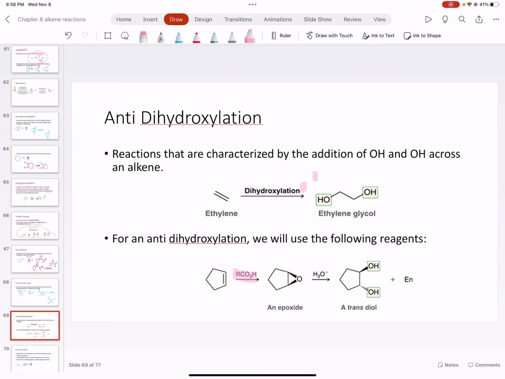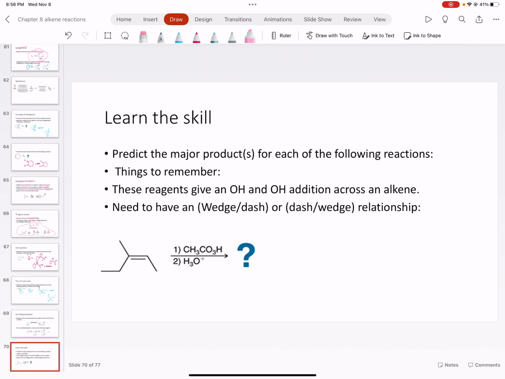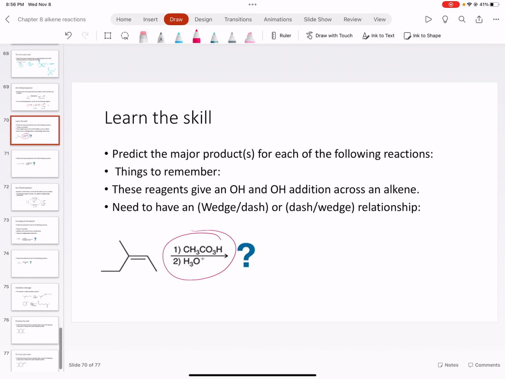It should be this one and this one, or in a much nicer way, these will be the reagents. So predict the major product for the following reagents. Some things to remember: these reagents give an OH addition across an alkene, and we need to have a wedge dash or dash wedge relationship.